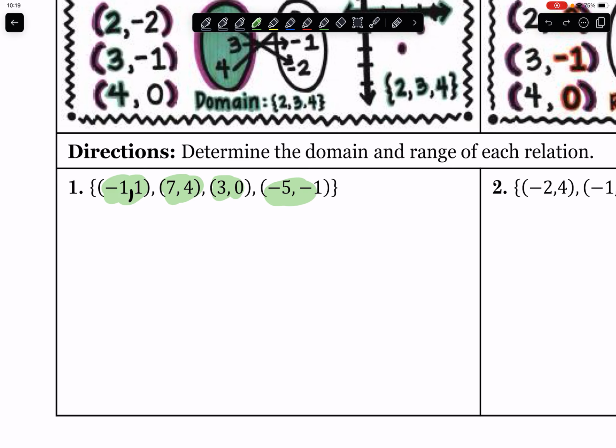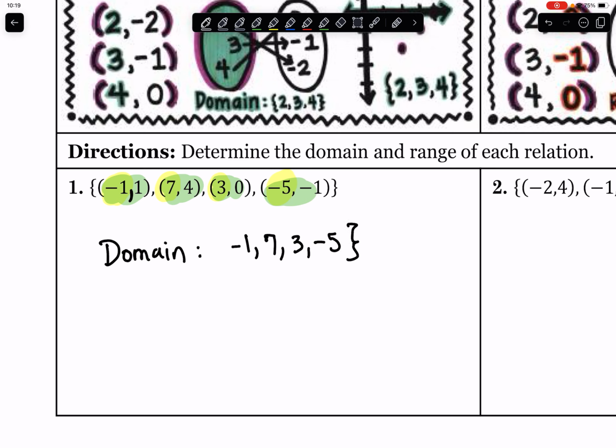I'm going to get a highlighter. Here we go. So that would be these numbers right here. These numbers are going to be the domain of this relation. So our domain is going to be the list of -1, 7, 3, and -5.